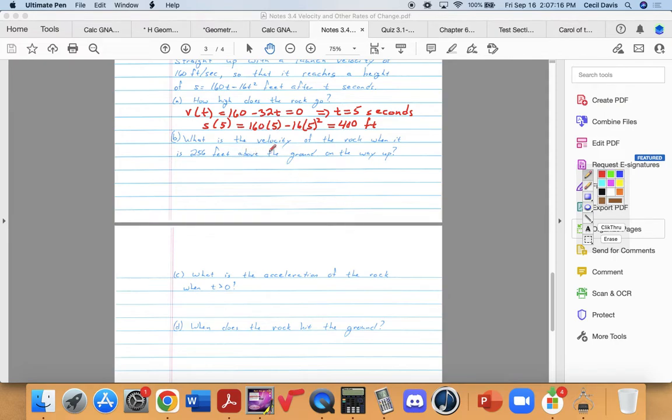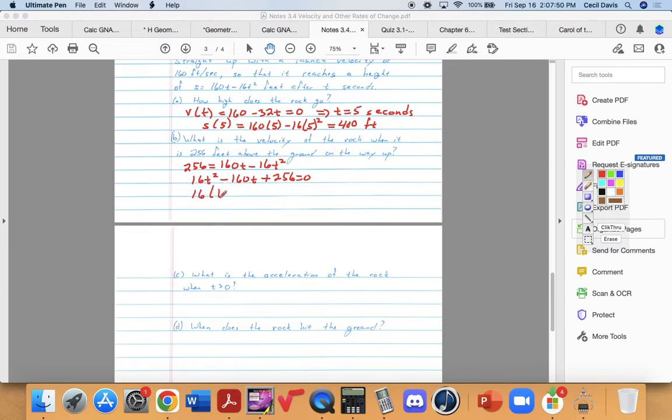All right, so now, what's the velocity of the rock when it's 256 feet above the ground on its way up? So that means I'm going to have 256, the position, is equal to 160t minus 16t squared. I'll bring everything to the left so that I have a quadratic that's equal to 0. This has been cooked so that it'll factor easily.